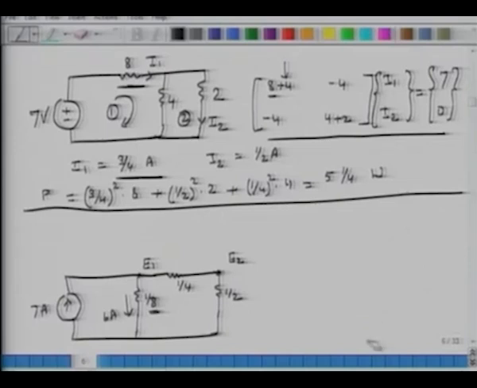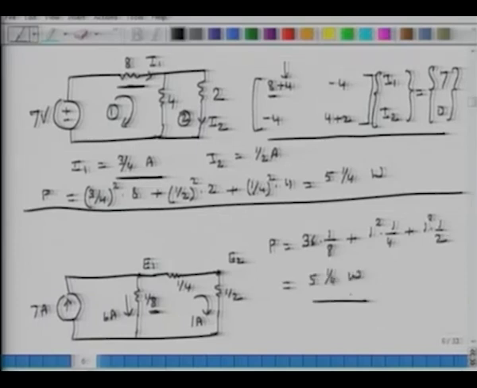In the second case, my current here is 6 amps and here is 1 amp. So my total power is 36 times 1 over 8 for the first resistor, plus 1 squared times 1 over 4, plus 1 squared times 1 over 2, and that again comes to 5 1/4 watts.